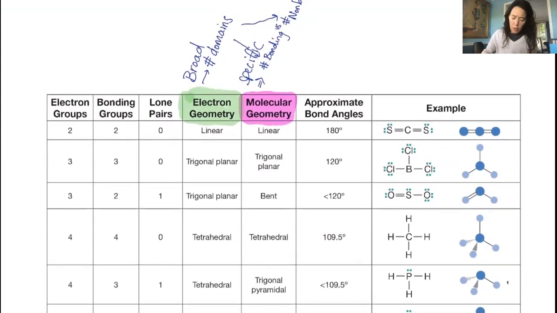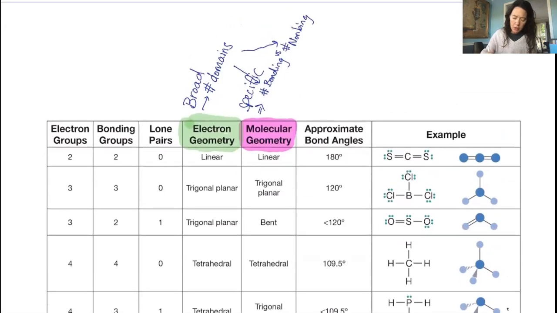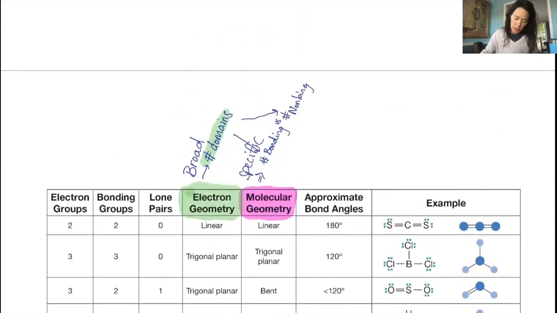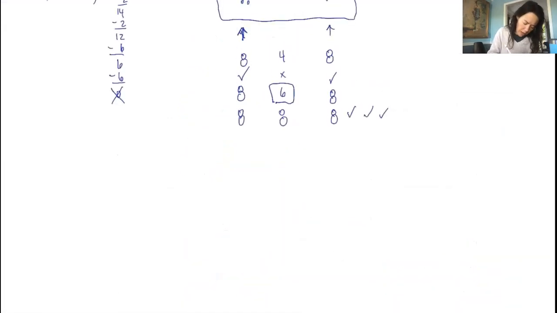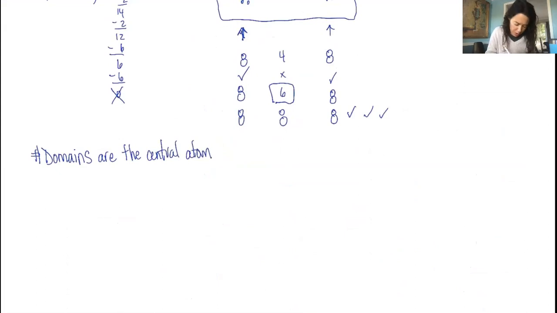So when we talk about the electron geometry, we've got to find that first. I wrote number of domains. Let's go back to our notes, and on your notes, let's write number domains over on the side so we understand what we mean. And this is strictly around the central atom, or the atom under discussion.